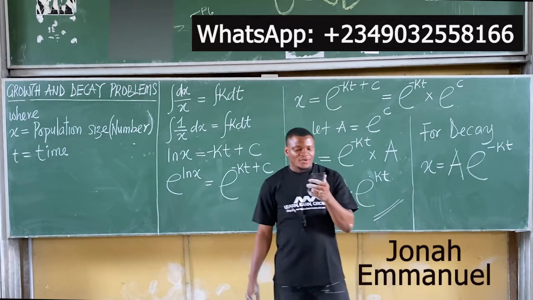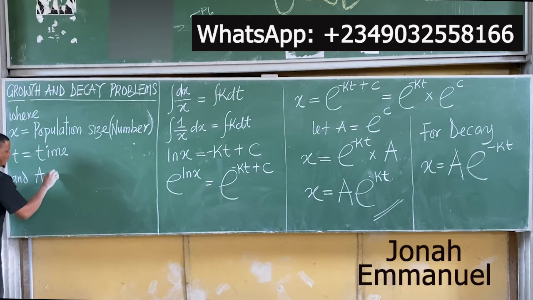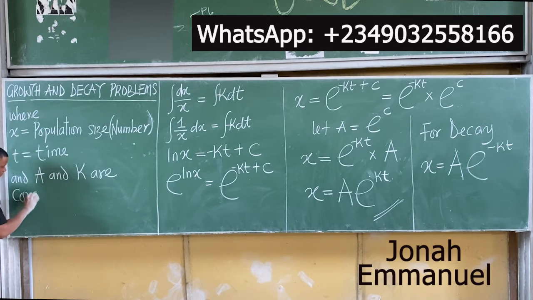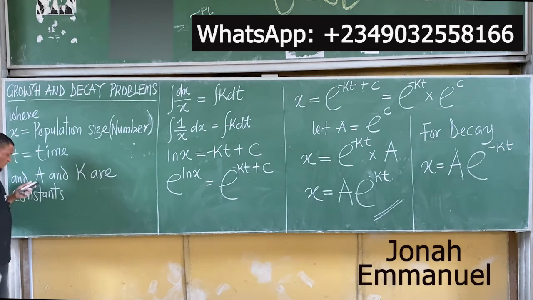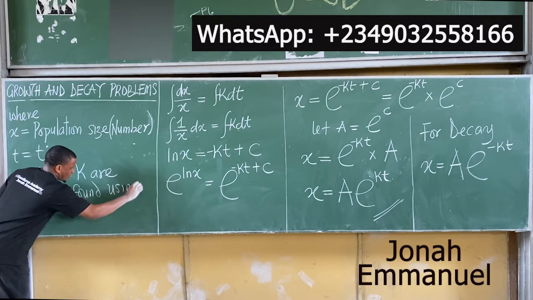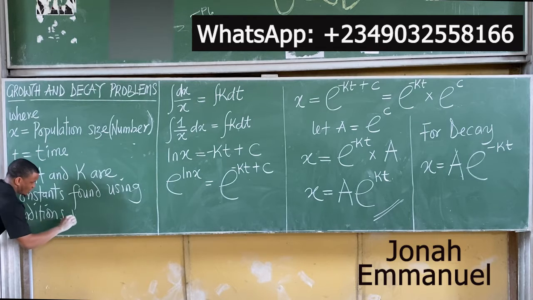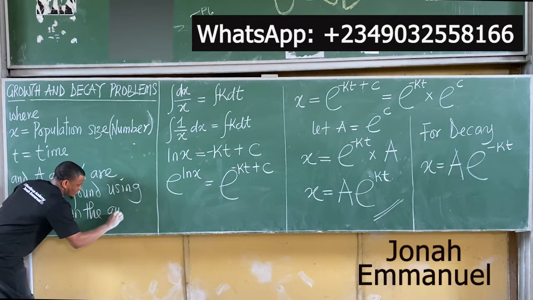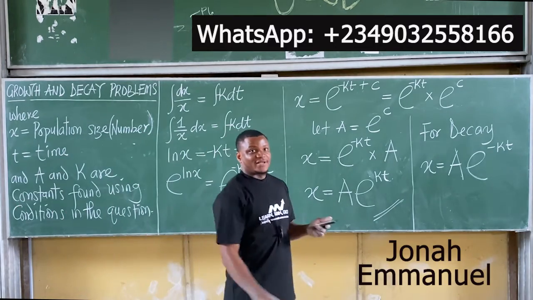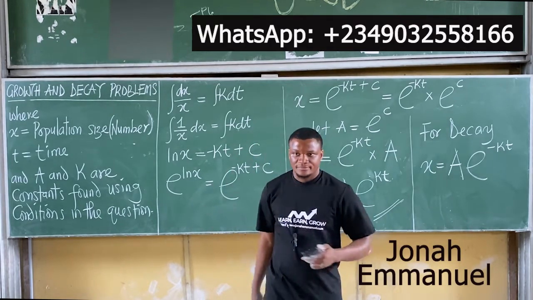So you have to really understand. And A and K are constants, found using conditions in the question. All right, so we have this basically. So copy down. Let's take some examples, please.